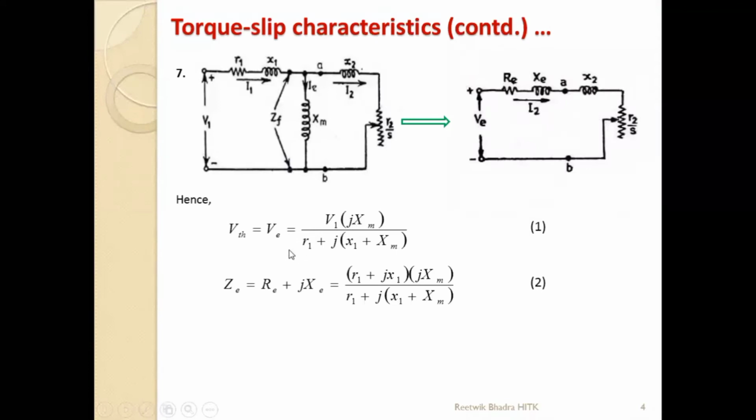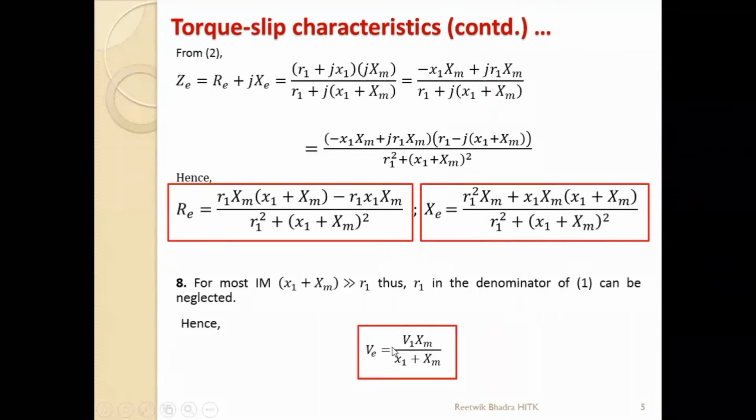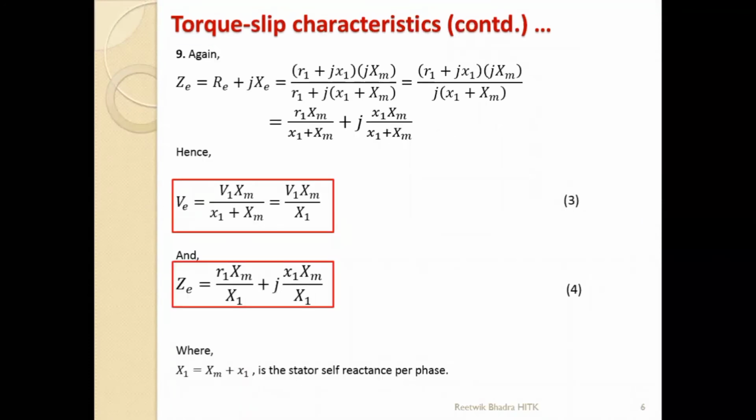So if this R1 is neglected, this J and this J cancel out. So what we will get? V1 XM by X1 plus XM. So that is V1 XM by X1 plus XM. So V can be written like this also. Next, how can RE and JXE be written?